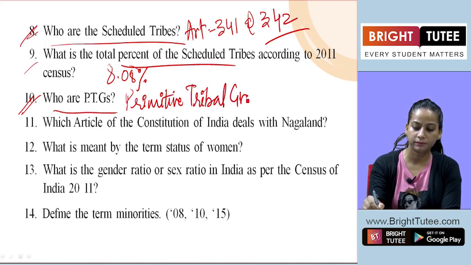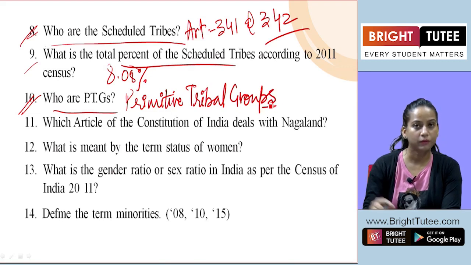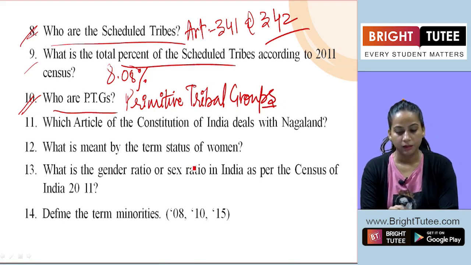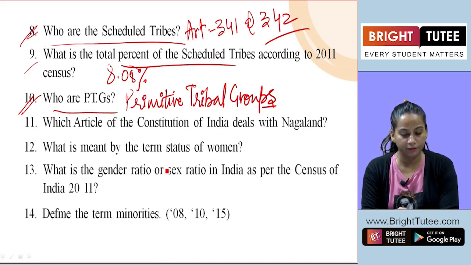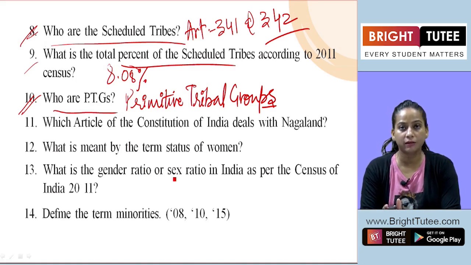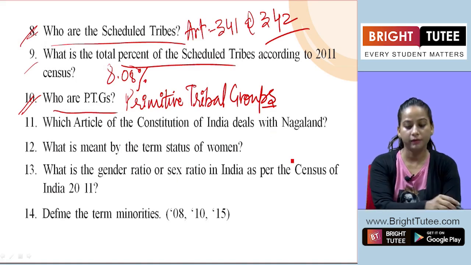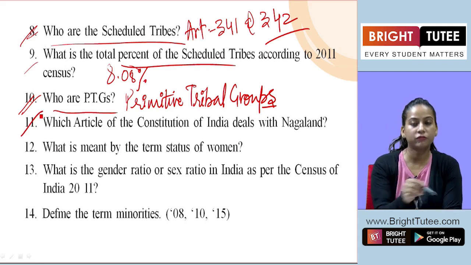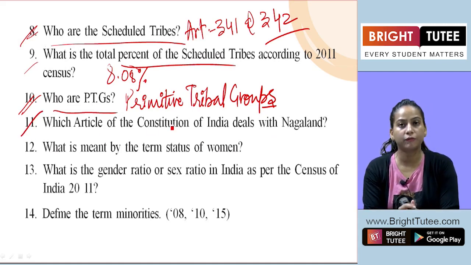These are the people under the scheduled tribes category who are classified separately because of their low population, low literacy and primitive agricultural practices.